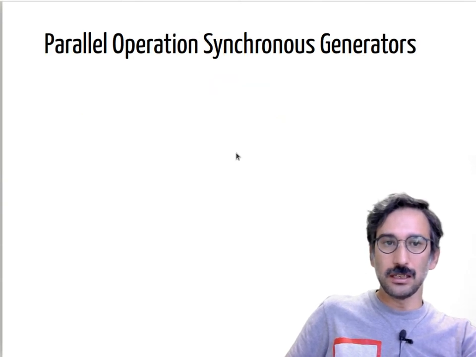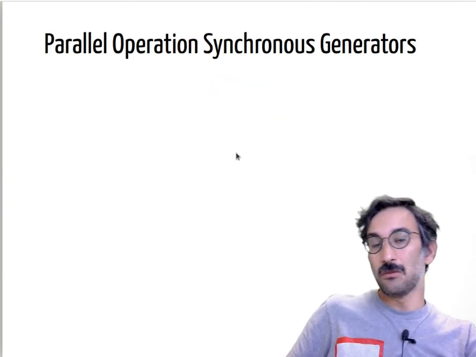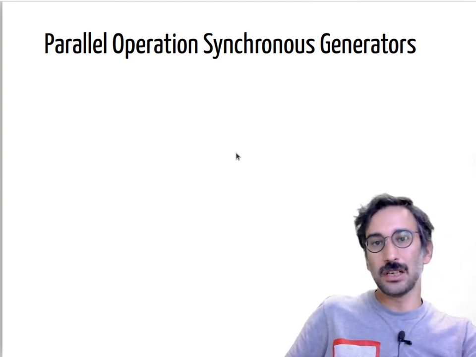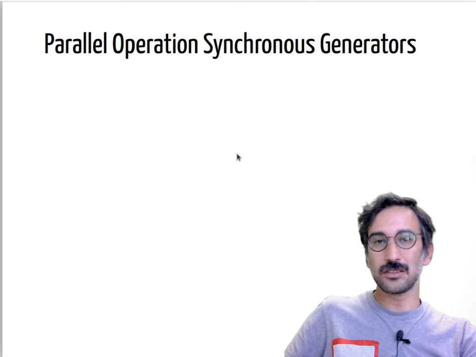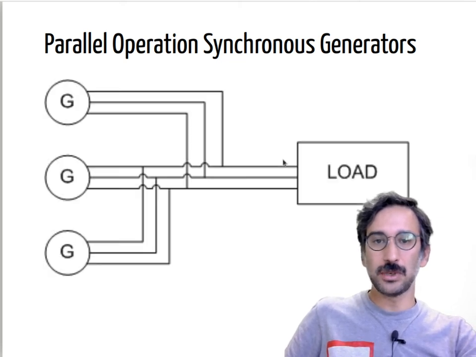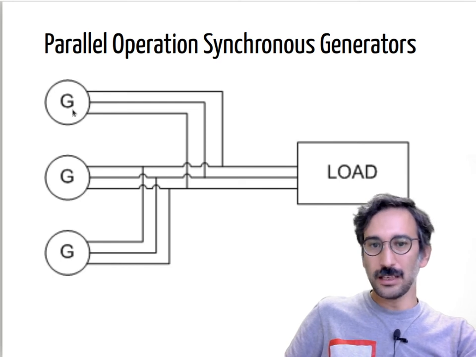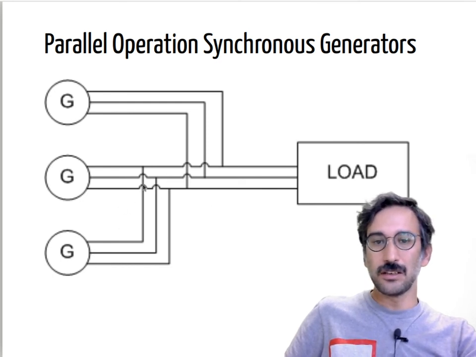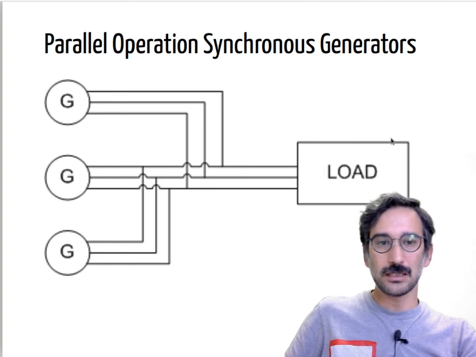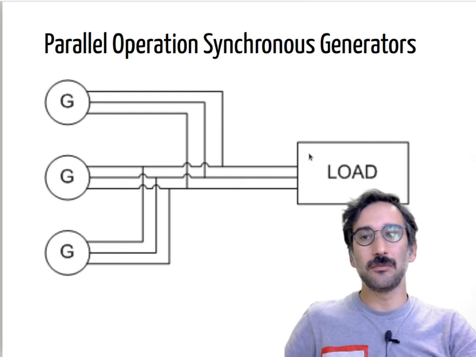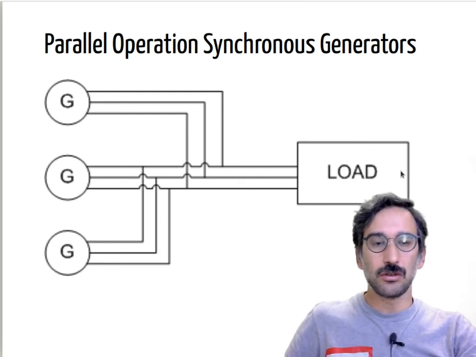So today we will talk about what happens if you don't have just a single generator, but many synchronous generators connected in parallel. Here, that's the usual case, you can see three generators connected to the same bus, and they are supplying a single load, or there can be many loads connected in parallel on the load side as well.